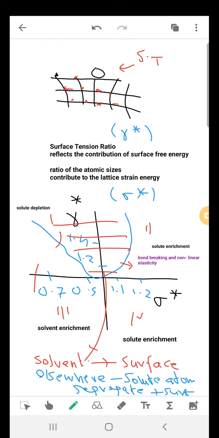So it depends upon the surface tension ratio and the atomic size ratio. So with this diagram, it is possible to estimate the position of any particular dilute alloy in the plot. So this is the theory given by the diagram.